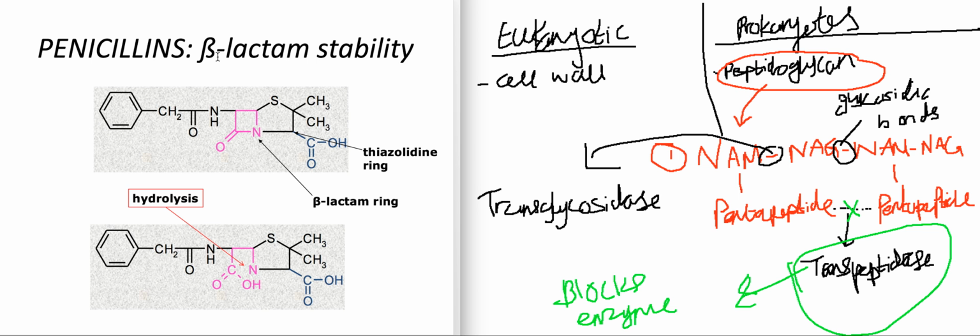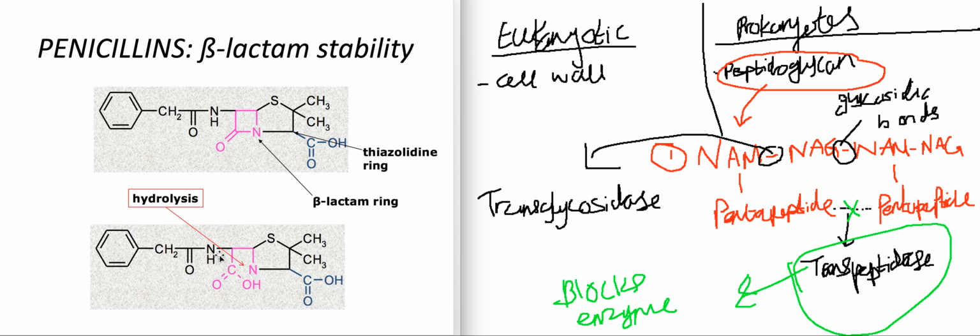Now, penicillins are beta-lactam antibiotics. As you know from before, this ring here is a beta-lactam. This is the thiazolidine ring, but we're more interested in this. Certain bacteria have developed resistance to antibiotics in a sense that they create beta-lactamase, an enzyme which breaks down this beta-lactam ring.